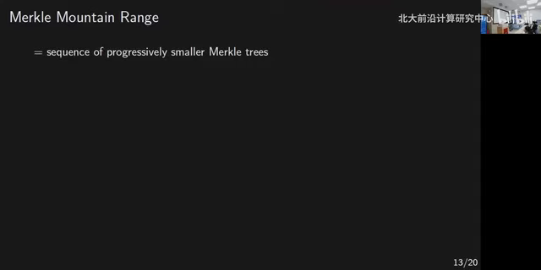And so that's one interpretation of Merkle mountain ranges. You can define your intermediate state as you compute the Merkle root of a very large data set that doesn't fit. Intermediate state is a sequence of progressively smaller trees. Roots, even, because once you've computed the root of a small tree, you're going to drop all the leaves.